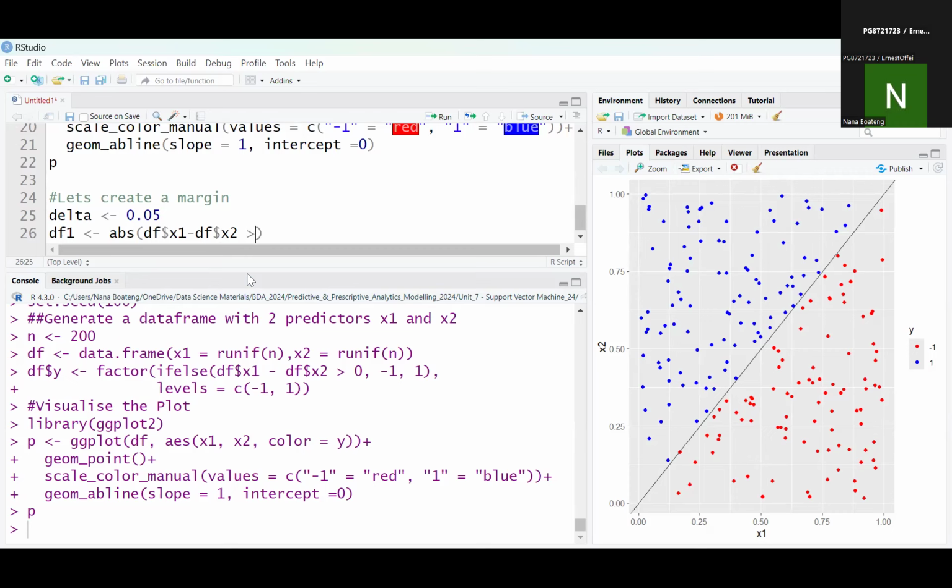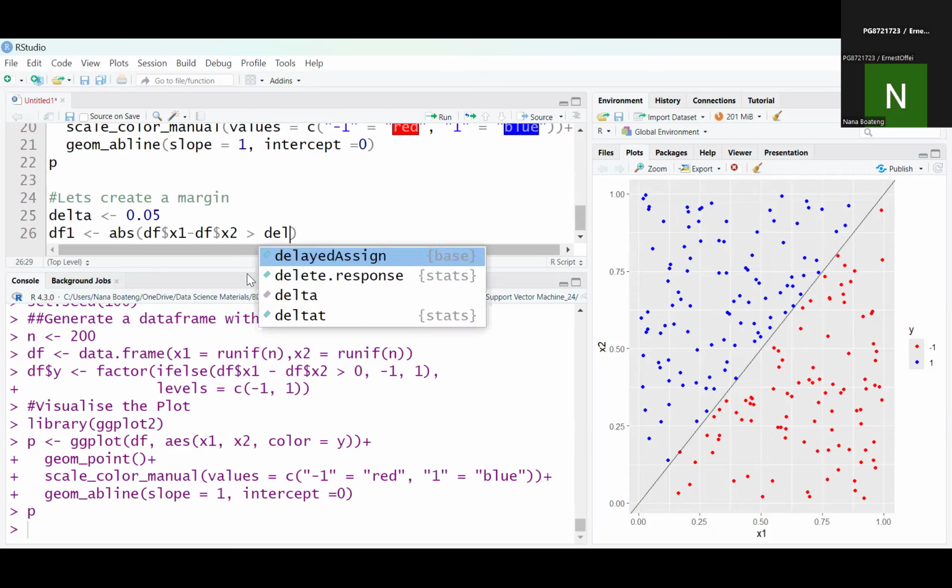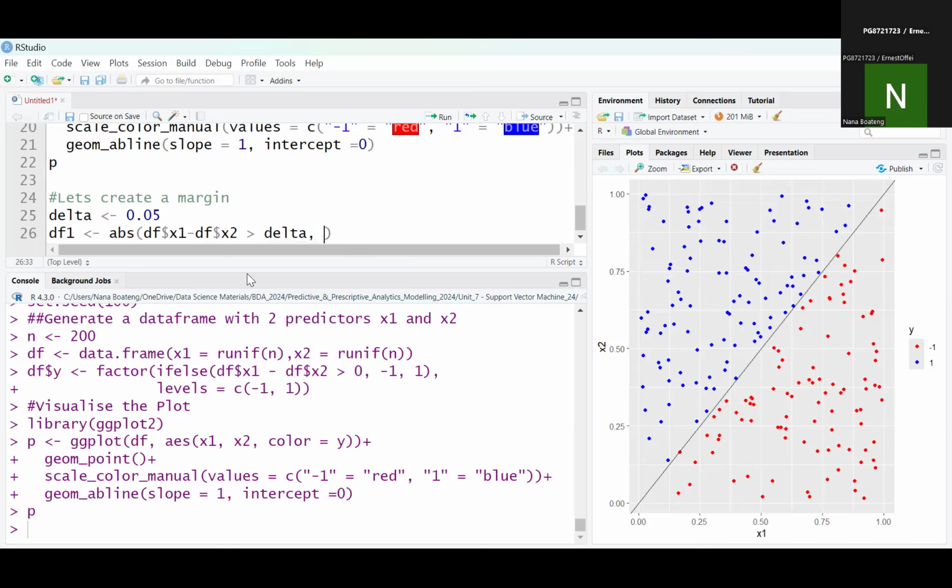Have one that is about the delta. Now, what we have to do here is that everything that we are doing, we are taking it from the DF, the main data set. So we are creating a subset based upon this condition.